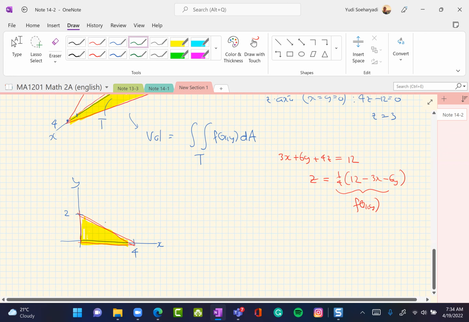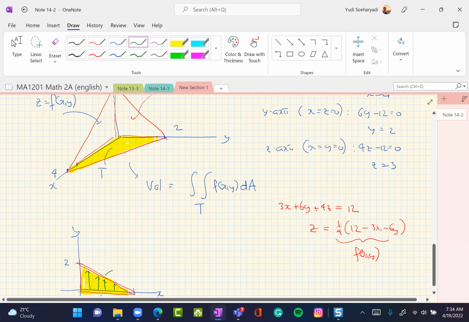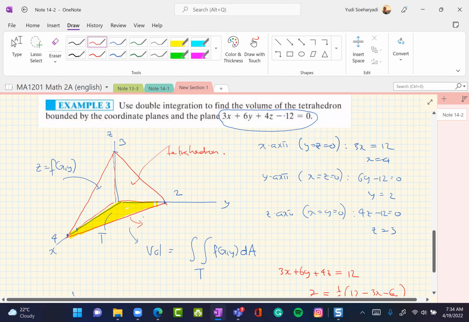Suppose we proceed first vertically, so this is the y direction. This is y equals 0, and to find the upper bound, this line comes from the plane equation when z equals 0, so x plus 6y equals 12.